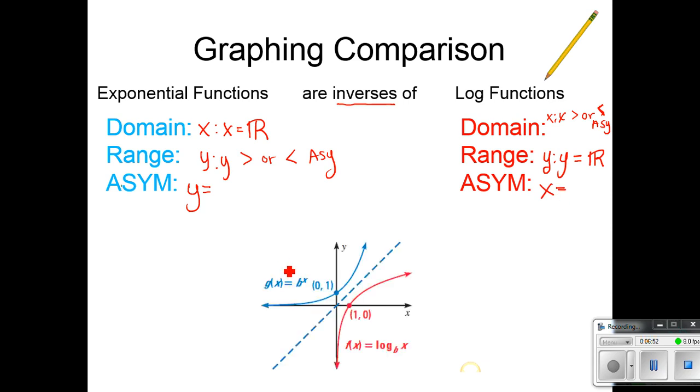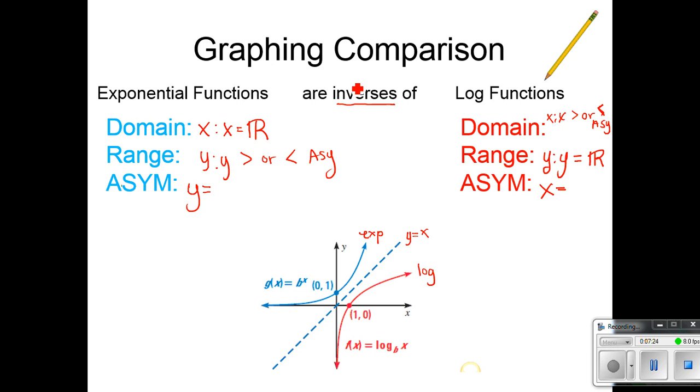Here is my exponential function, graphed in blue, and here's my log function. When I have y equals x, it means that they're going to reflect over y equals x. So if I folded down over y equals x, they would fold on top of each other.